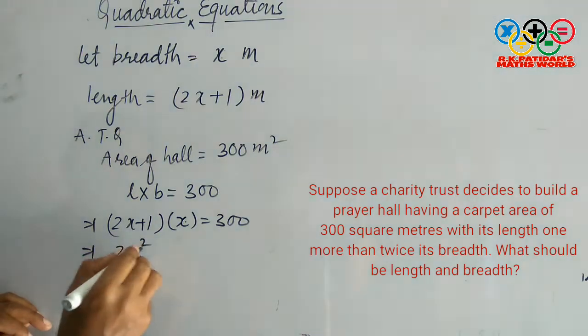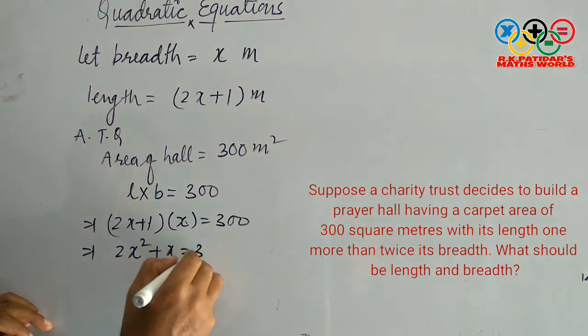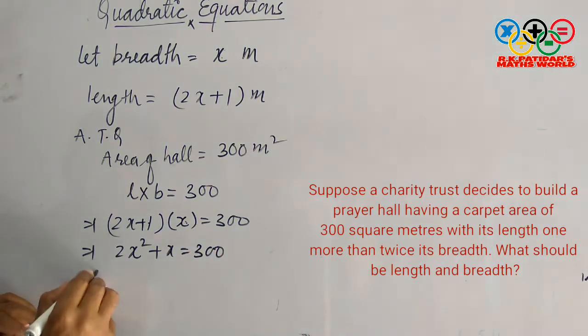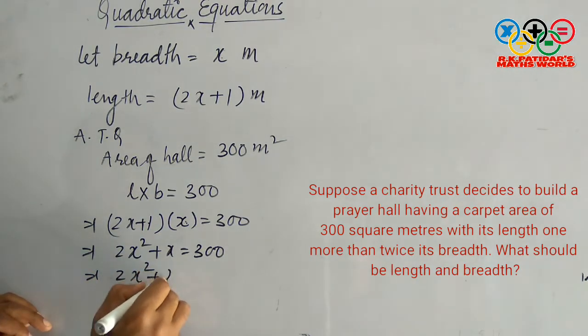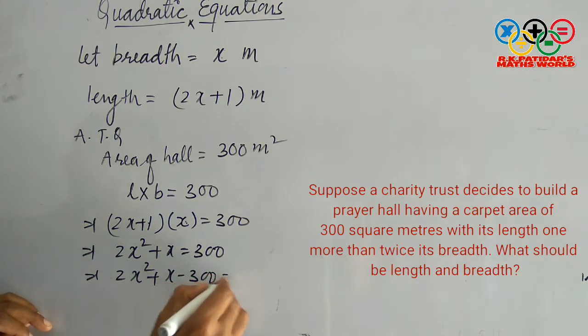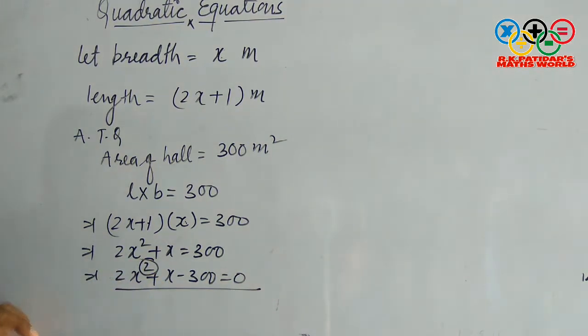So 2x square plus x is equal to 300. Transposing 300 to the LHS, you will get 2x square plus x minus 300. The highest power of the variable here is 2, so it is a quadratic equation. In this way we can express this situation in the form of a quadratic equation.